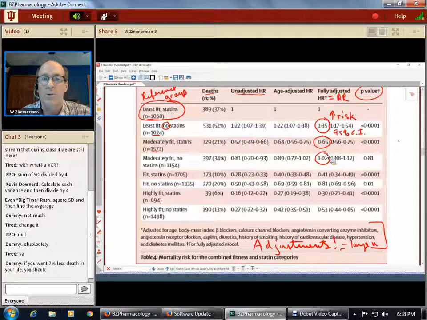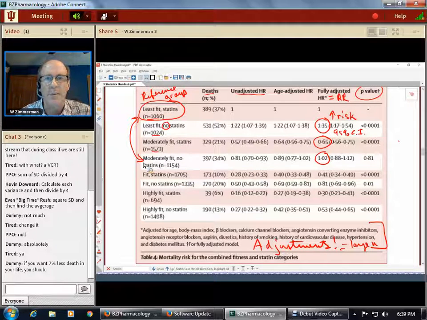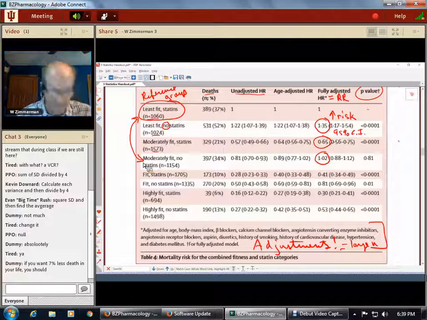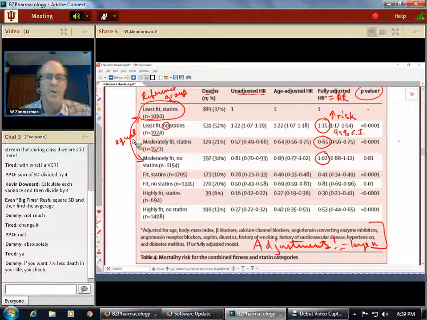Moderately fit, no statins. So somebody can be moderately fit and not on a statin, and then be equal to somebody who's least fit and on a statin. So those two groups are equal. So in other words, exercising equals the effect of a statin. Moderate exercise will equal the effect of a statin.